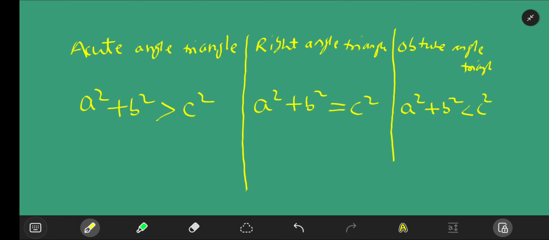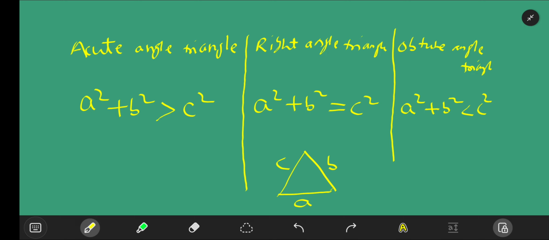Okay. a, b, c are the lengths of the sides. Suppose this is a triangle. This is a, this is b, this is c. So these are the lengths of the triangle. a, b, c are the lengths of the sides of the triangles. And you need to understand this.